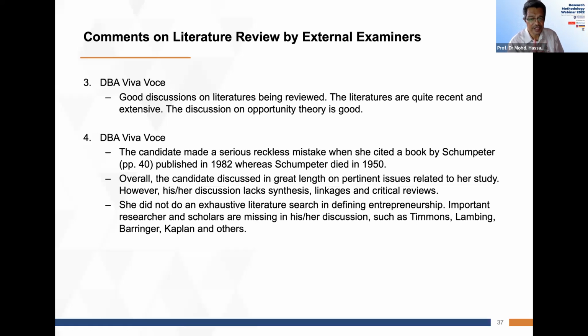This is a very serious mistake which should not have happened, and this is why, as I said earlier, you need to send it for proofreading, so that you do not have this kind of mistake in your thesis. To me, this is reckless. It should not have happened.